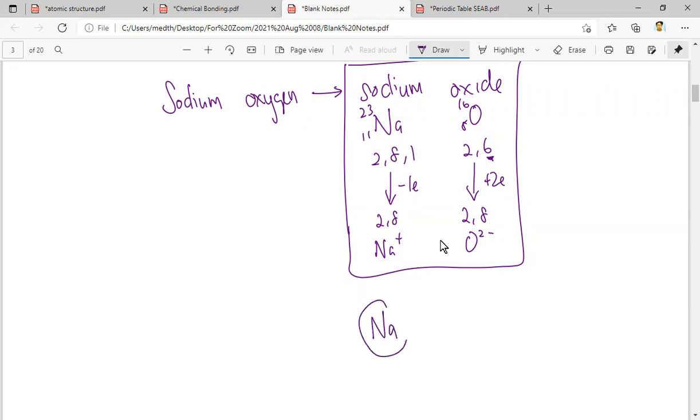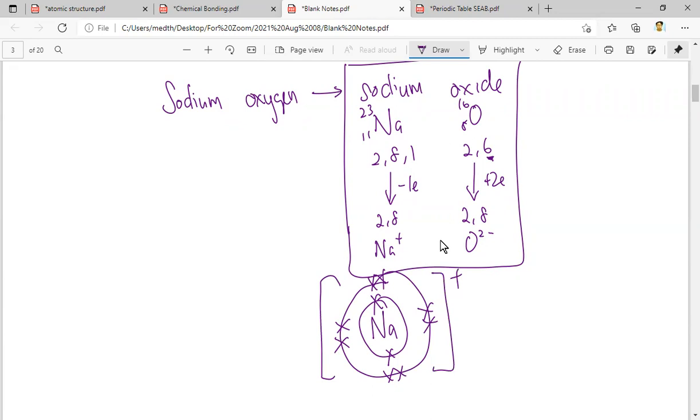Na is 2, 8. So 1 circle, 2 circle. So 2, 8. And because it's a plus, I must draw a square bracket and put a plus over here. The square bracket and plus, remember, is only for ionic bonding. O2 minus. So O here, 2, 8. So 1 circle, 2 circle.